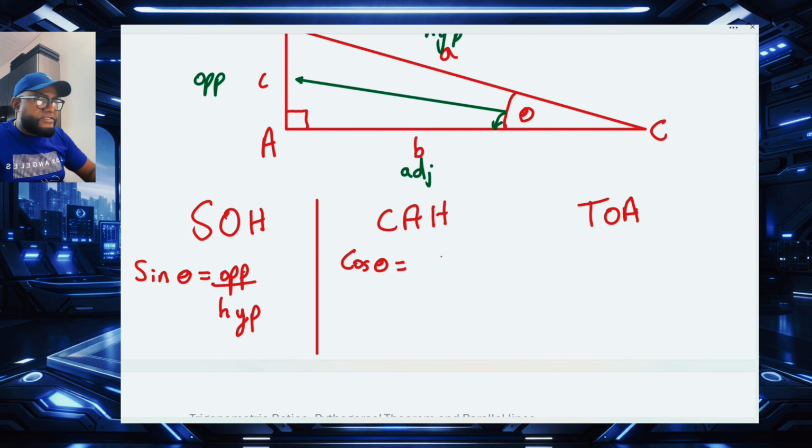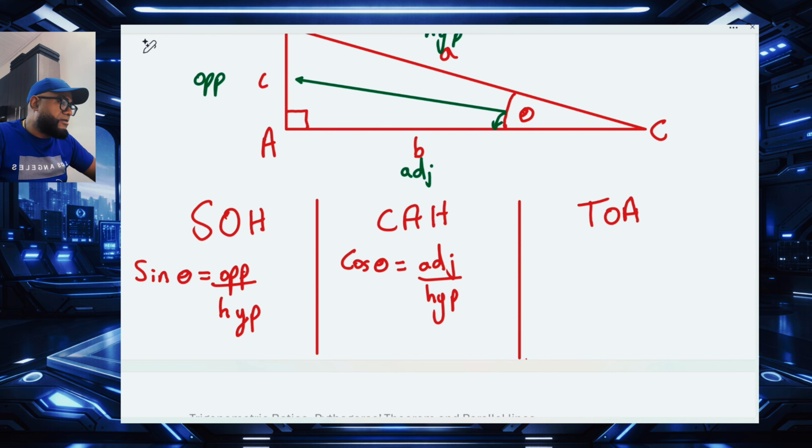Adjacent. Adjacent over, H stands for hypotenuse. Then TOA, the T is for tan. Tan of theta is equal to opposite, O is the opposite, over A is for adjacent. Right? I'm hoping that this is looking very familiar.